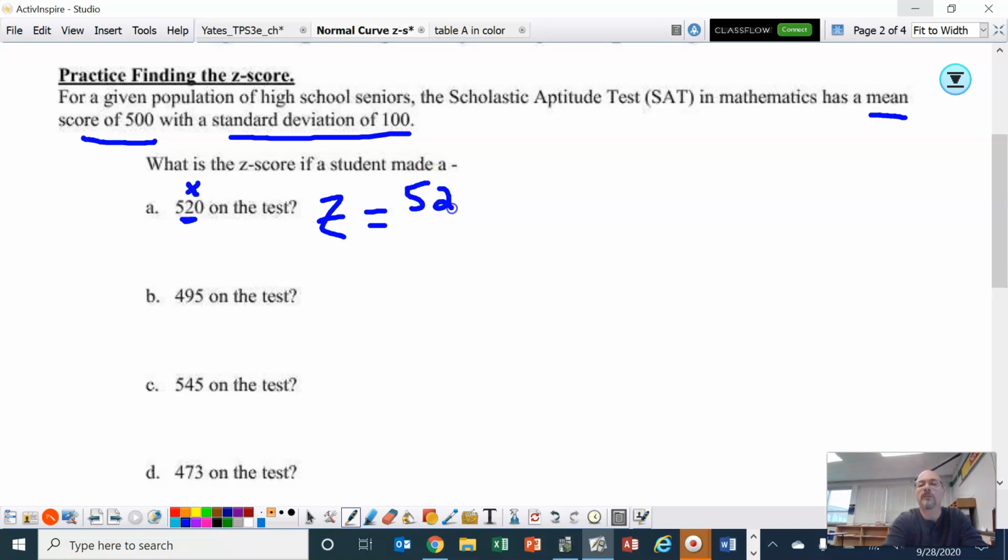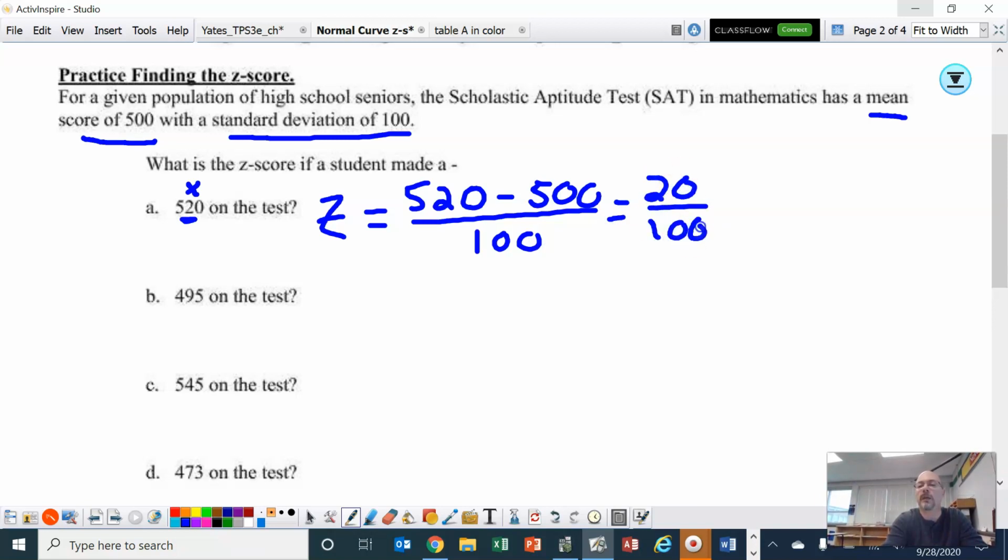So 520 minus the mean. Obviously this answer should be positive because this person scored higher than the mean. That's going to give us 20 over 100, and 20 divided by 100 is going to give us a decimal of 0.2.